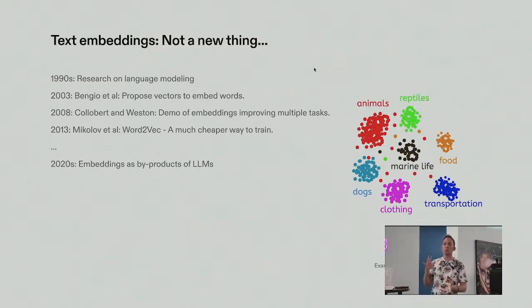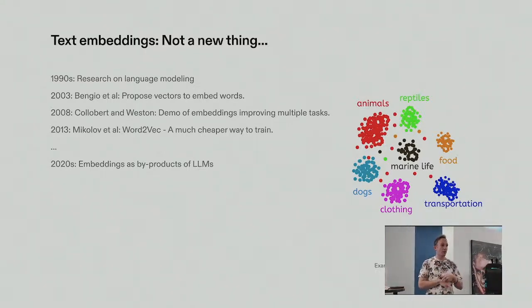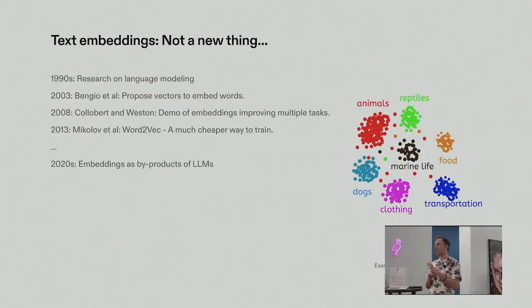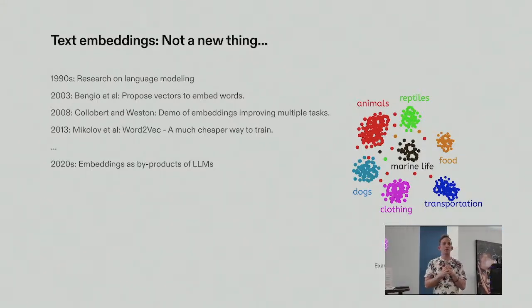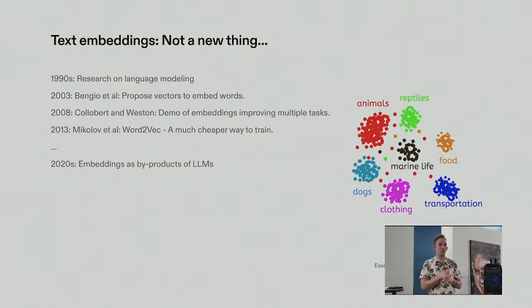The research on modeling language started in the 90s. There was a paper in 2003 that suggested using deep learning models to try and predict stuff from a large set of text, and on the way build that representation for the words in there.